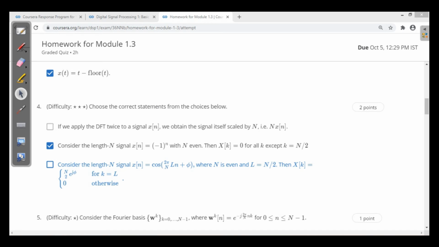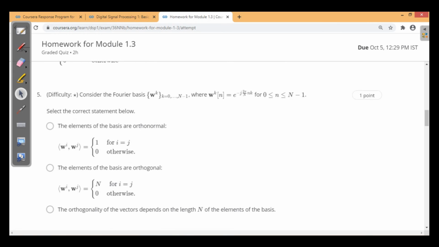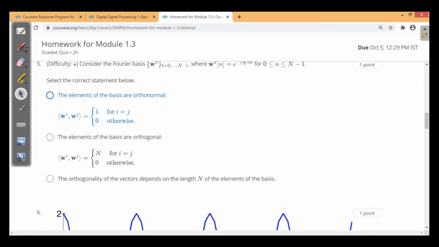Next, the fifth one. Consider the Fourier basis, the Twiddle factor W of k, where the Twiddle factor W of N is e power minus j 2 pi by N into k, for k from 0 to N minus 1. Select the correct statement below. So here they are finding the inner product of Twiddle factors.